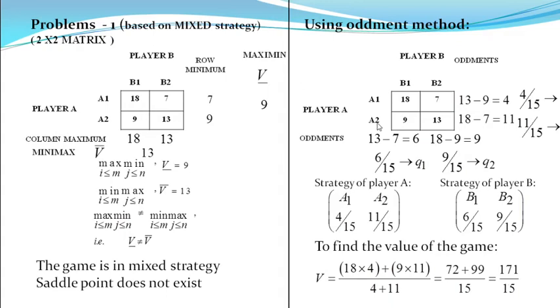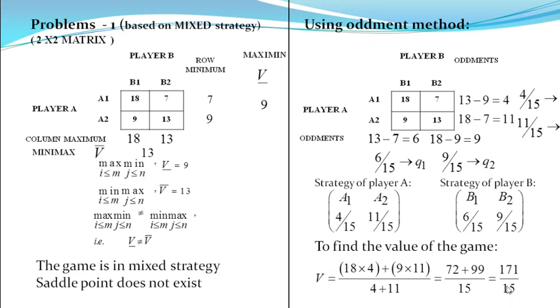Similarly you can find with the other set: 7 multiplied by 4 plus 13 multiplied by 11 divided by 15, which means 4 plus 11. That also yields the same value of the game. Or else you can find 18 multiplied by 6 plus 7 multiplied by 9 divided by 6 plus 9, that is also 15.